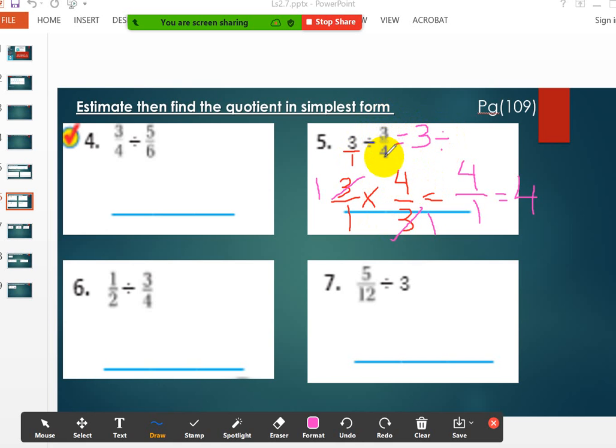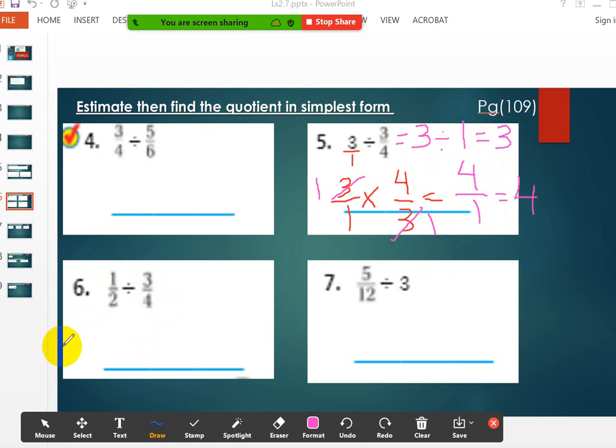Is 3 over 4 close to 0 or to 1? The difference between the numerator and denominator equals 1, that means it will be 1 if you round it. Now 3 divided by 1 equals 3. So this is the estimate, okay? And this is the exact answer.